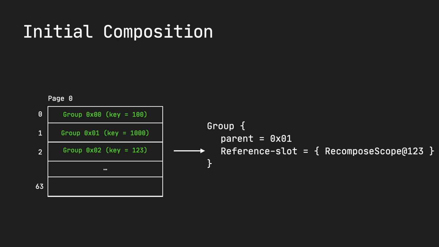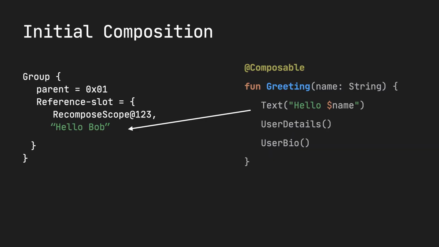And underneath the hood, it's using the same slot table operations that we have looked at so far. So it's basically going to create an instance of the recomposition scope like that, but it also has to store the computed value of the name of this greeting. And it stores that also in the reference slot, just like this. For example, if it was hello Bob, it would store the string value just like that.